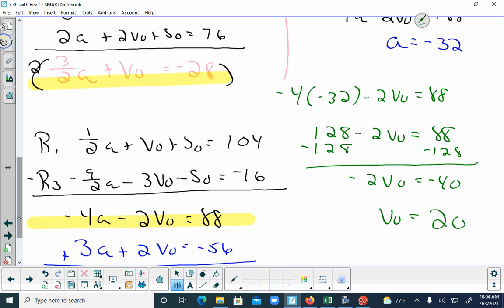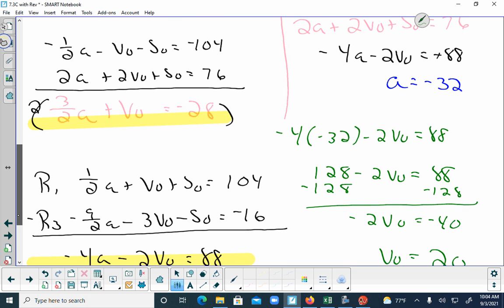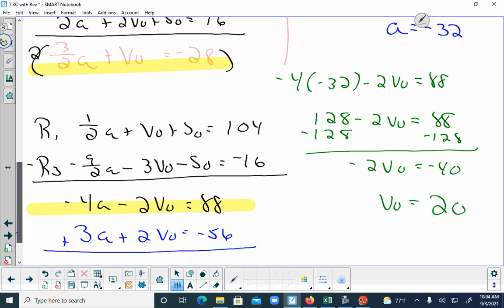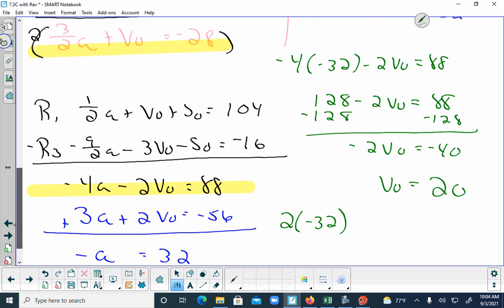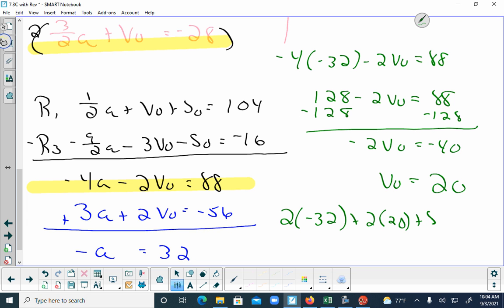And now to find s sub 0, Alicia? So you do 2a. So a is negative 32. 2 times negative 32 plus 2 times 20 plus s sub 0 equals 76.